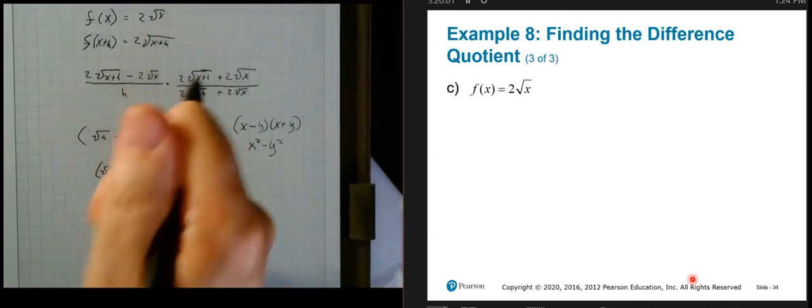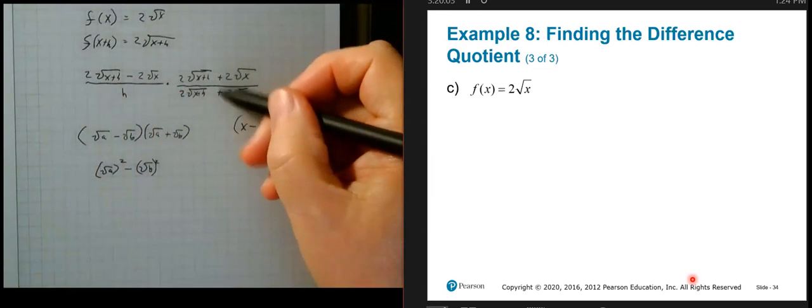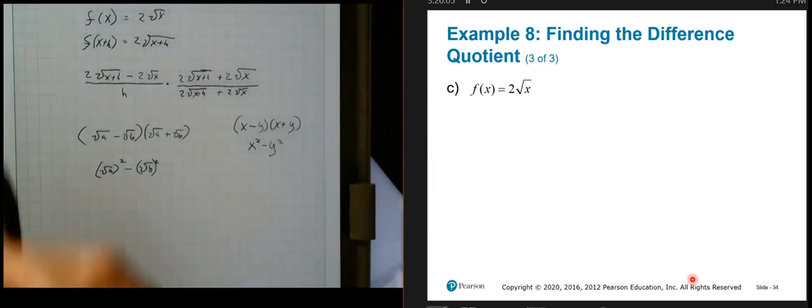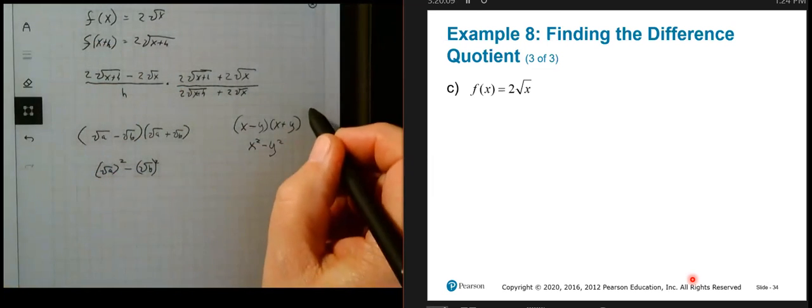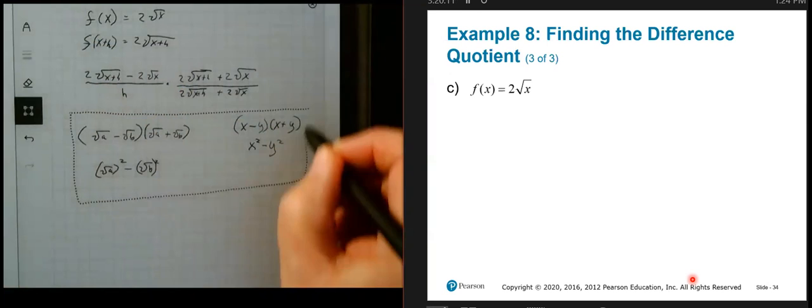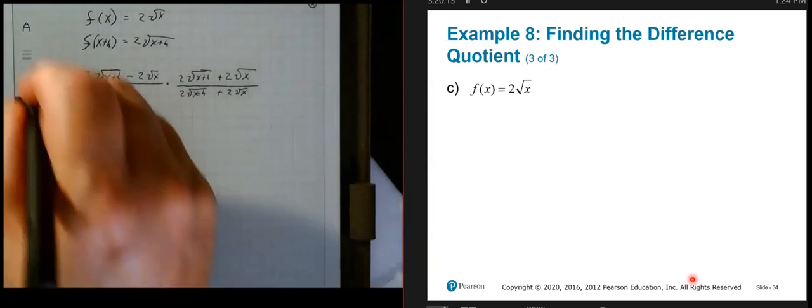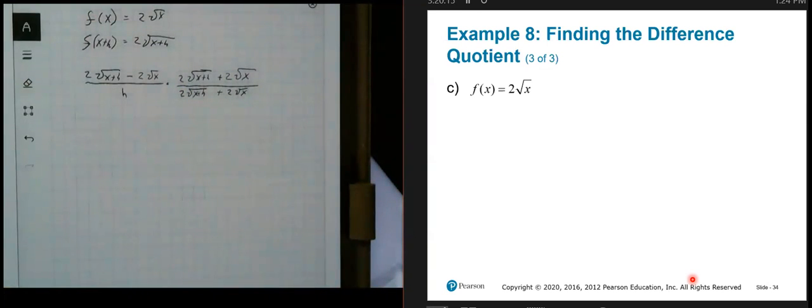Now, why did I do that? Why do I write it as a fraction this way? Anybody tell me? Because whatever you do to the numerator, you have to do to the denominator. Exactly.